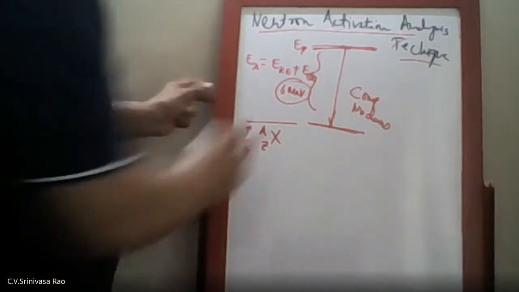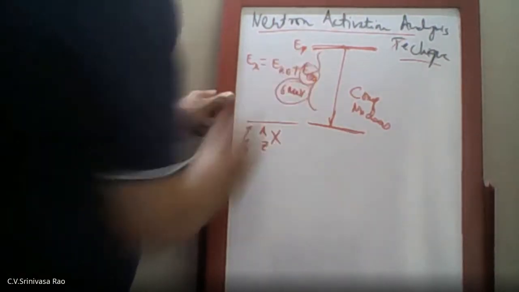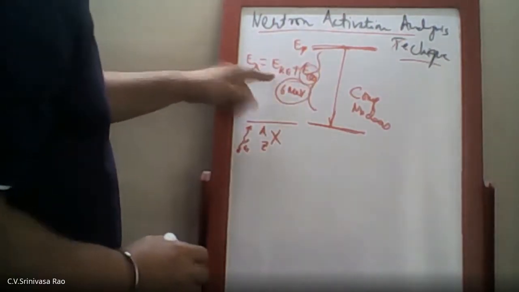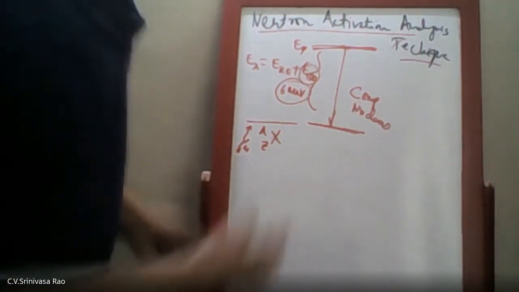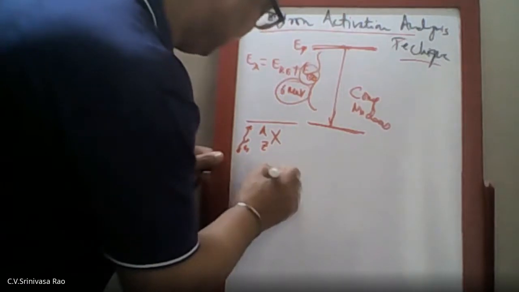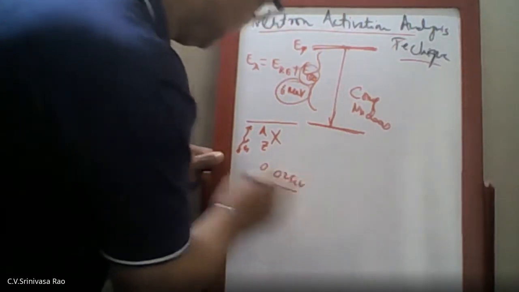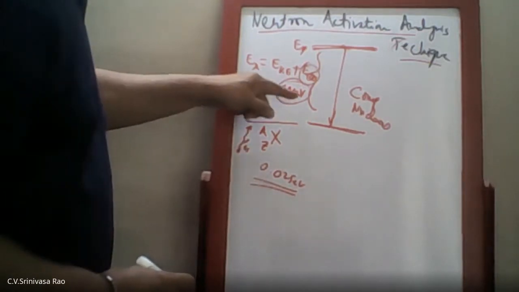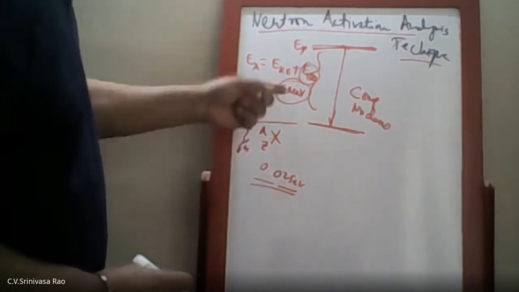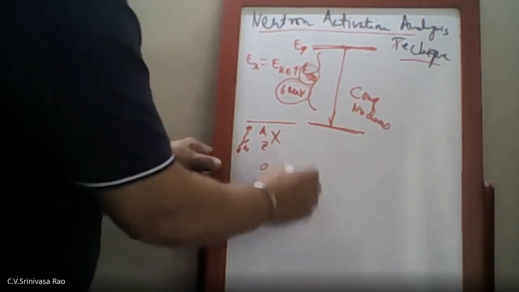So this is fixed, whereas for kinetic energy, I can start with, as I said, thermal neutrons, which means almost zero energy, 0.025 eV. If I add 6 MeV to this, it is just 6 MeV, since this is almost zero.